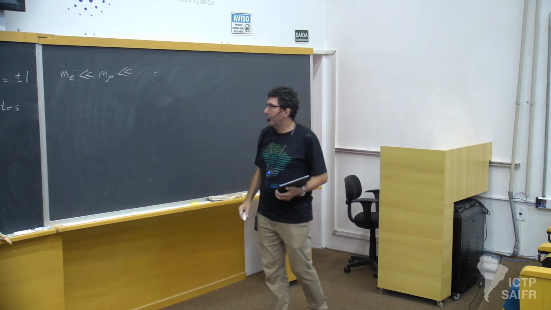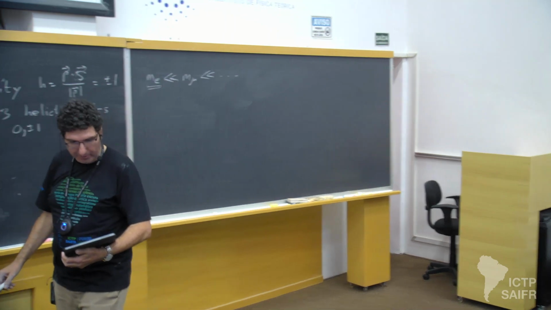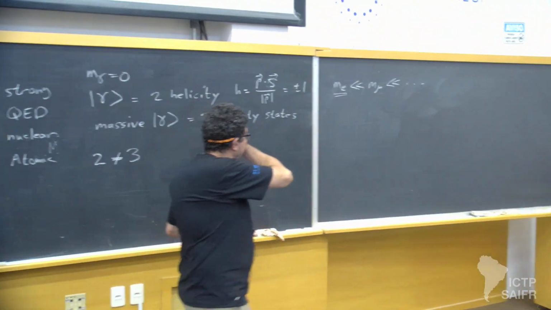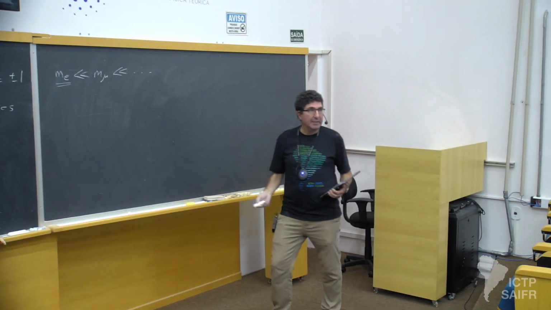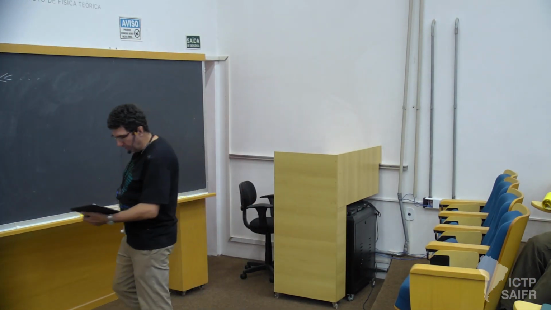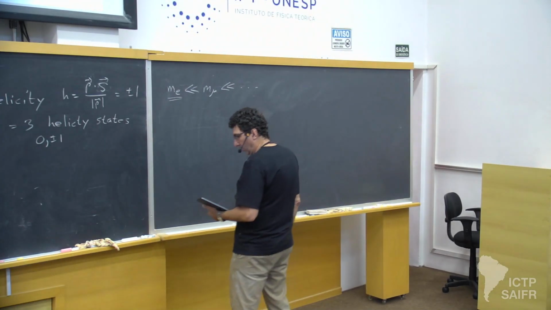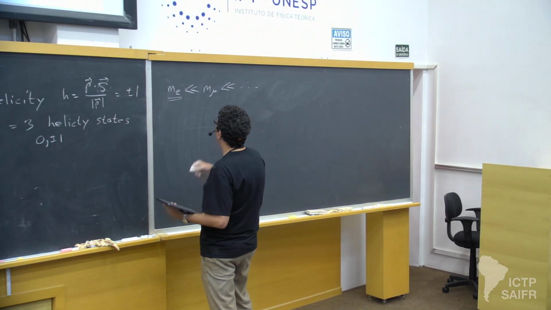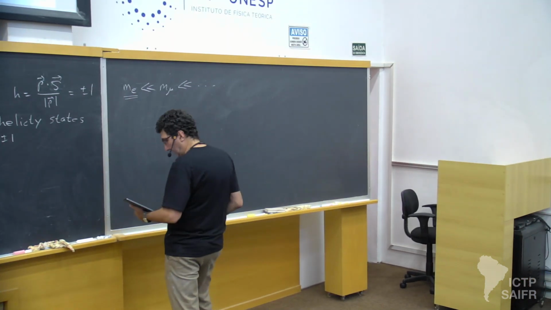So is the fact that the electron mass is a lot smaller than other things natural? Let me discuss this within QED, where I have both an electron and a muon. The mechanism is the same in a more complicated model like the full standard model. I have a kinetic term and a mass term for both the electron and the muon.